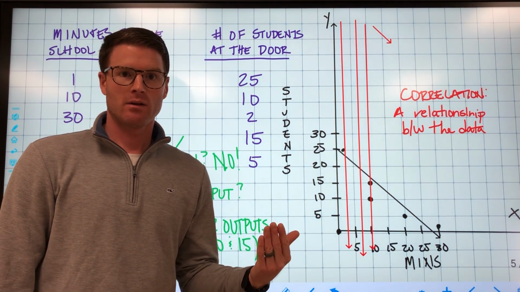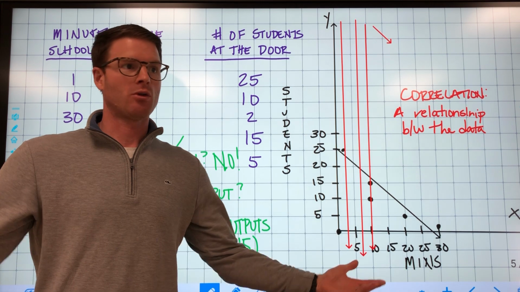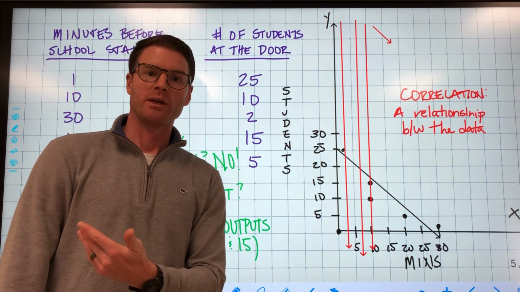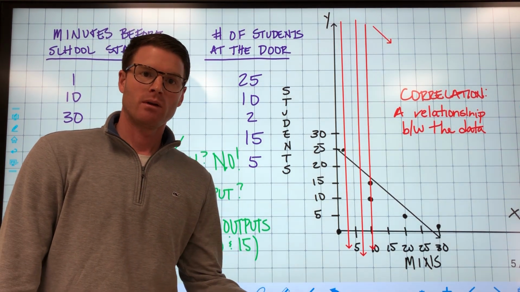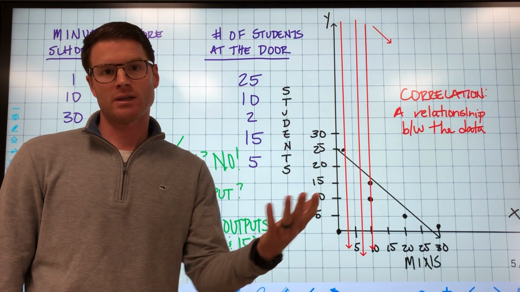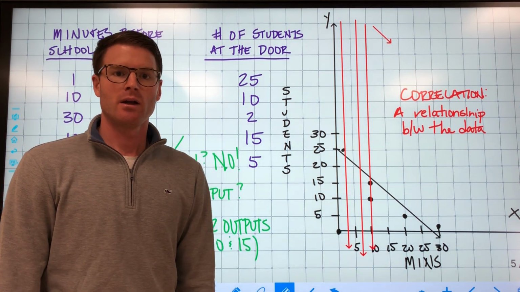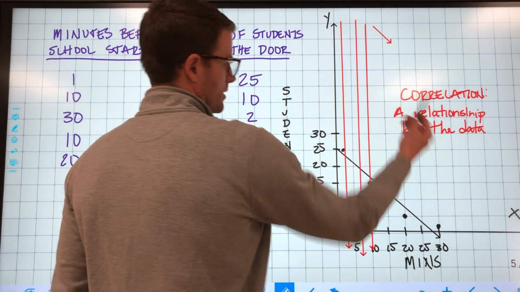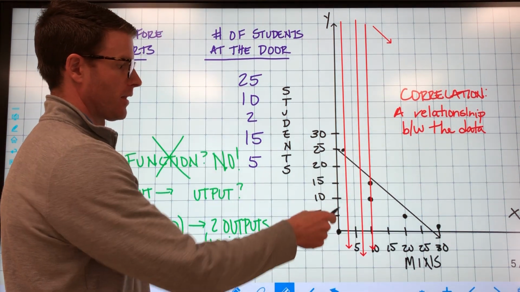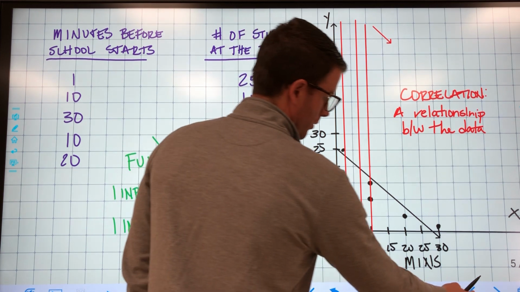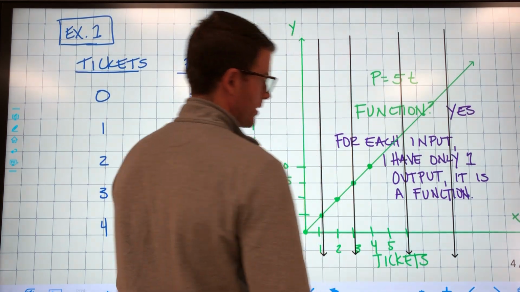You show up at 6:45, nobody's going to be out there. You show up at 7:59, there's going to be 30, 40 guys waiting out there to get in. So the correlation in this graph is that the earlier you show up to school, the fewer students there are.